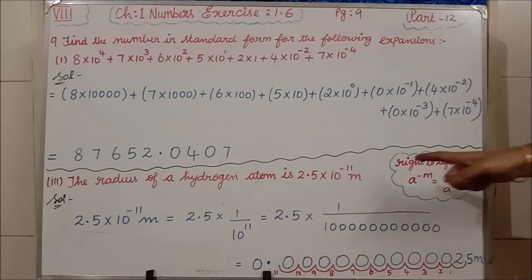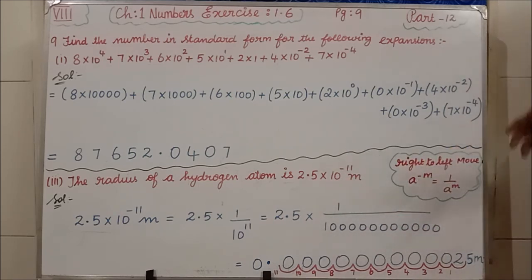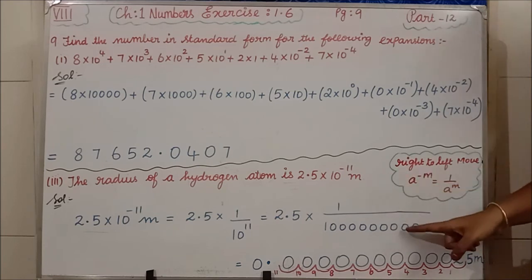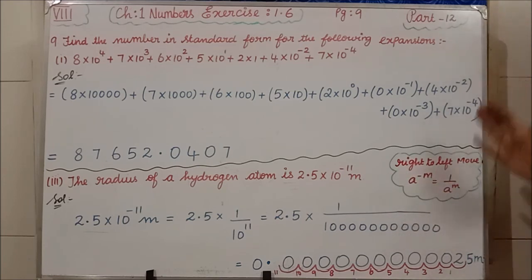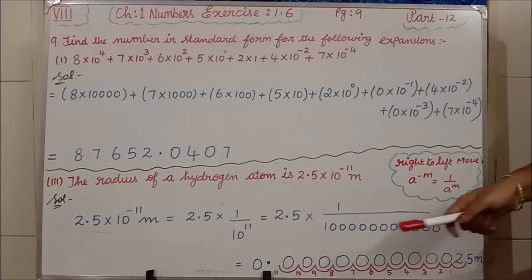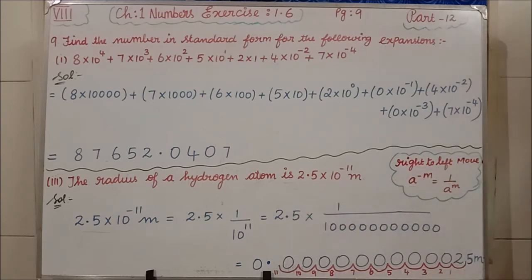Clear? Now this we have to write in the standard form. Now, when 1 divided by this number we are having, so when it is in divide, we have to move from the right to left. Okay, from the right to left we have to move. So, how I am moving, you see now, here 2.5 I am having. Isn't it?